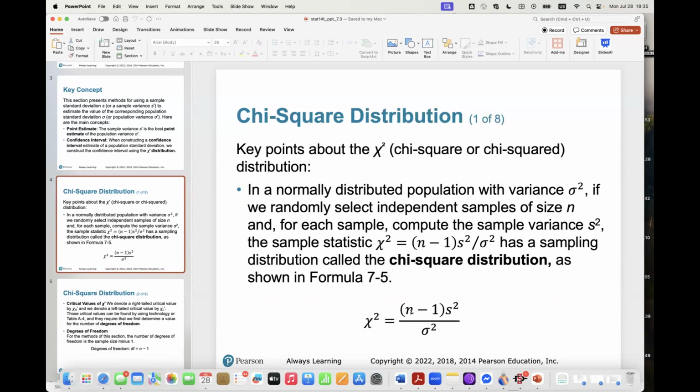You can see that in the book, and that is the formula down here: chi-square equals n minus 1 times s squared divided by sigma squared.